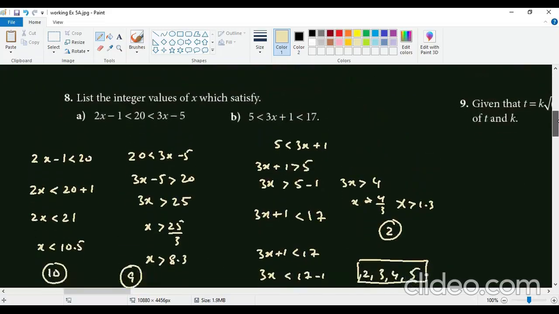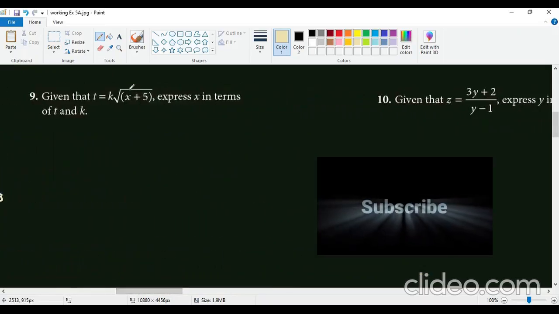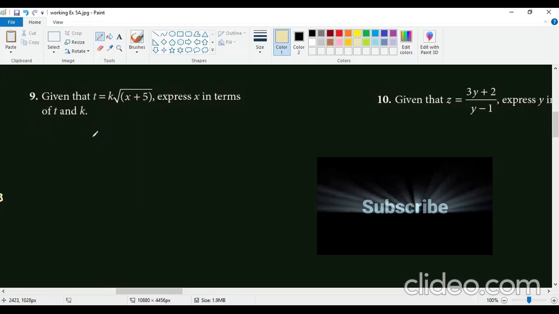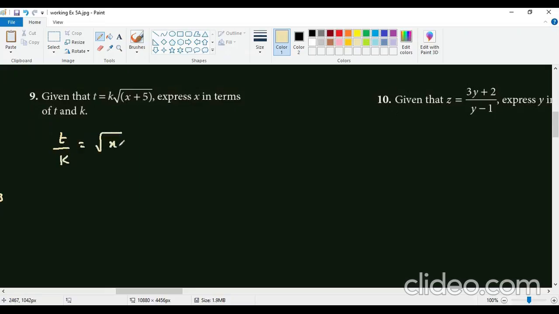Next comes question number 9. Given that t equals k under root x plus 5, express x in terms of t and k. That means we need to make x the subject of the formula. So t over k equals under root x plus 5. To remove this, we need to square both the sides. That means t square over k square equals x plus 5.